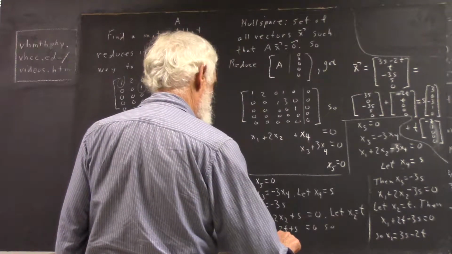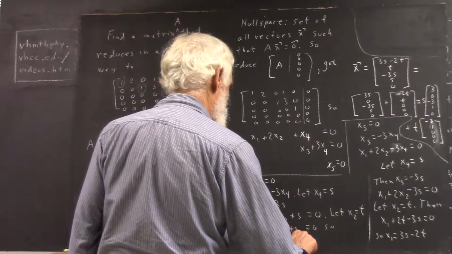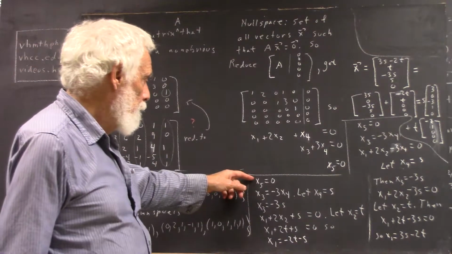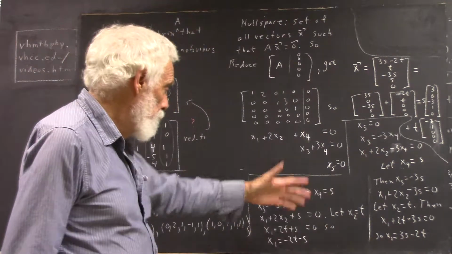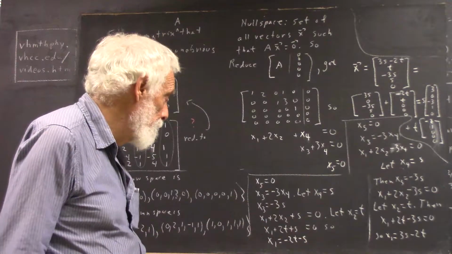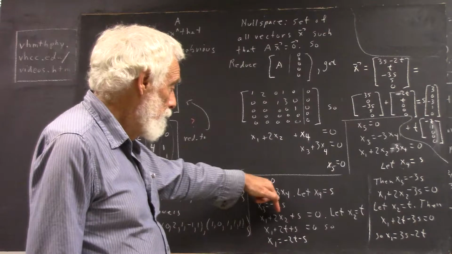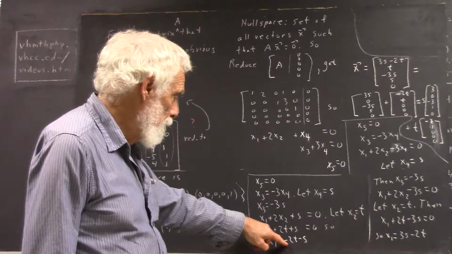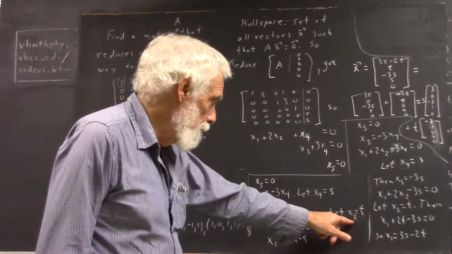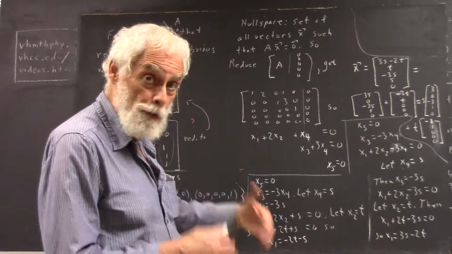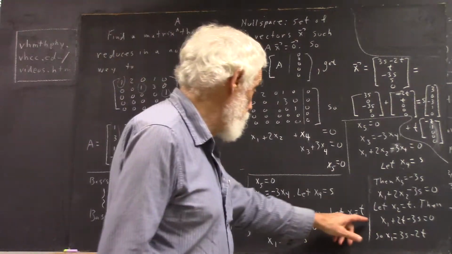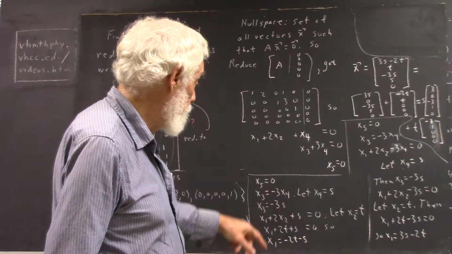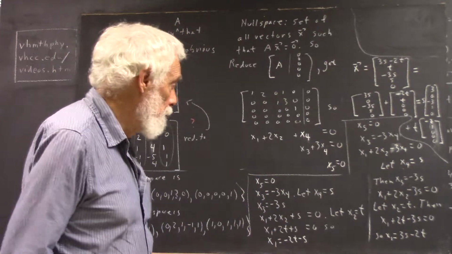So x1 is negative 2t minus s. And now we have values for x5, x4 is s, and in terms of s, then x3 is negative 3s. To get x1, we use x2 as a free variable, call it t, and we find that x1 is negative 2t minus s. And of course we've got x2, so we know what x1 is in terms of our 2 free variables now, t and s. We know what x2 is, we know what x3 is, we know what x4 is, and we know what x5 is. This allows us to represent our solution.